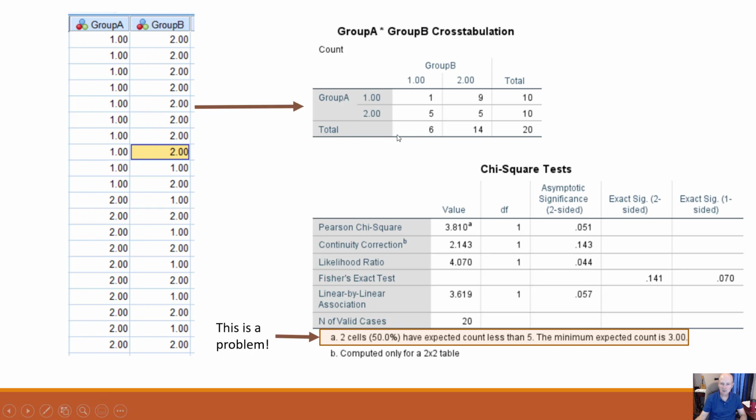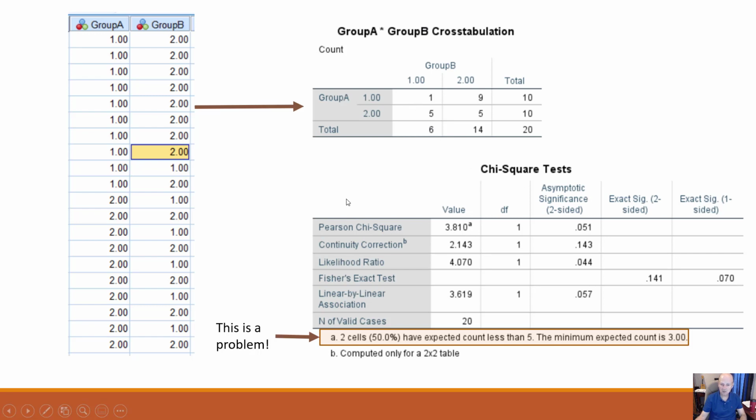So here we have the count. We can see if the Group A category is 1, only one of them had a 1 in Group B. 9 out of 10 have a 2. Whereas if the Group A category down here was a 2, 5 had 1 and 5 had 2. Right? So half had a 1, half had a 2. Here, 90% have a 2. This definitely looks like a pattern.